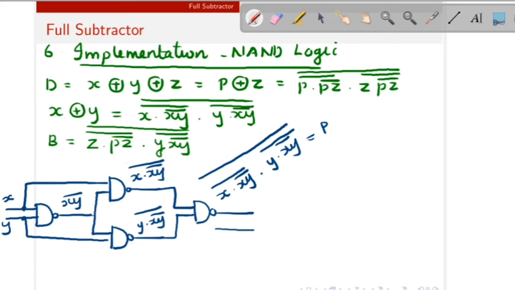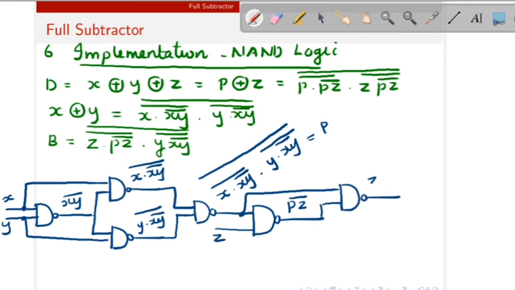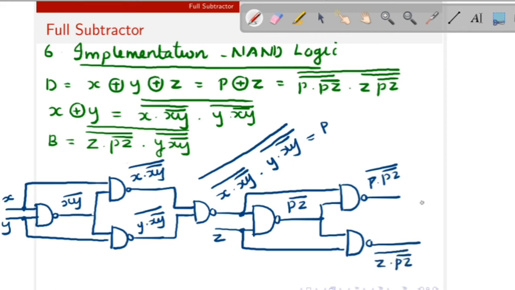Then take Z input. Z and P are NANDed together, we have PZ bar. Then take this P and PZ bar, both are NANDed together, we have P into (PZ bar) whole bar. Similarly PZ bar is NANDed with Z, we get Z into (PZ bar) whole bar.